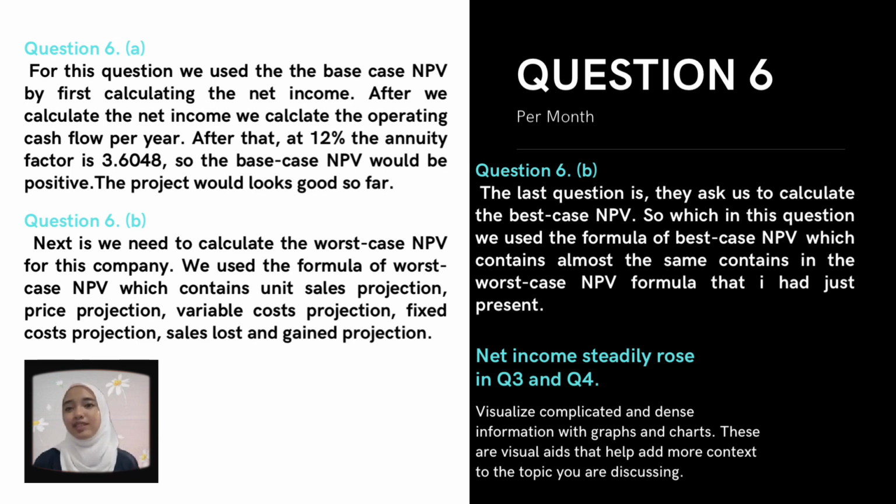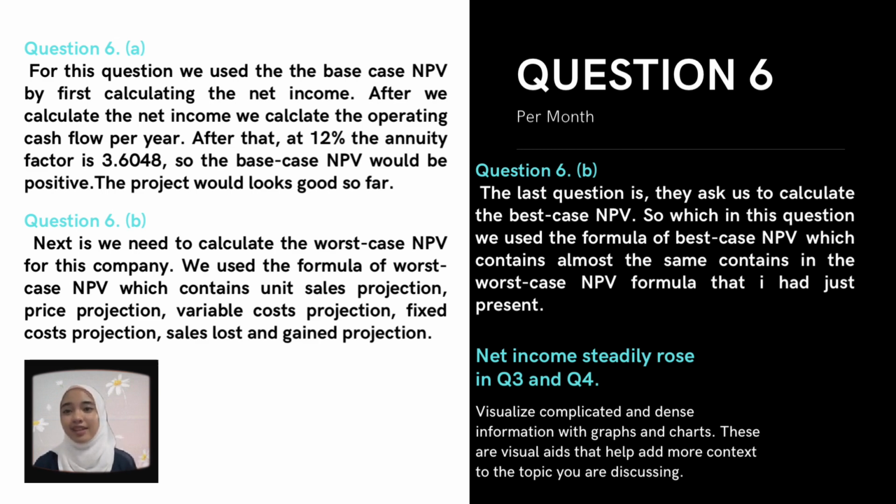In question 6b, we need to calculate the worst case NPV for this company. We use the formula of worst case NPV, which contains unit sales projection, price projection, variable cost projection, fixed cost projection, sales loss projection, and sales gain projection.